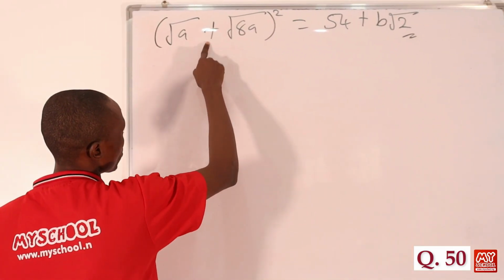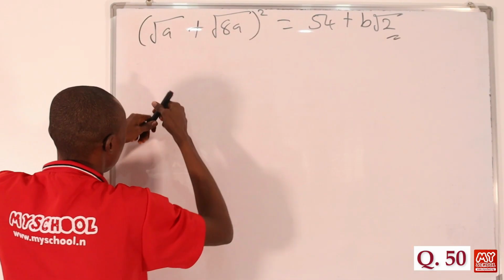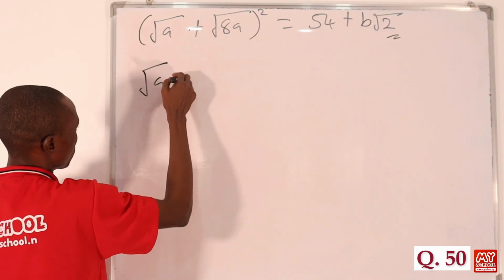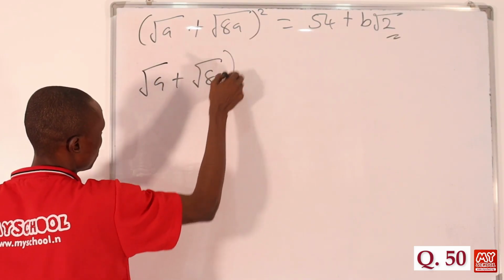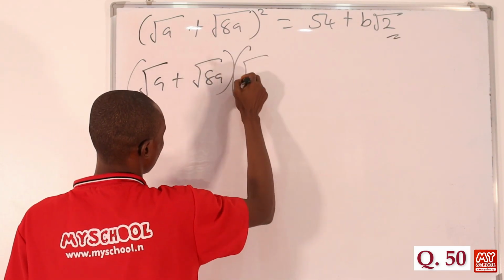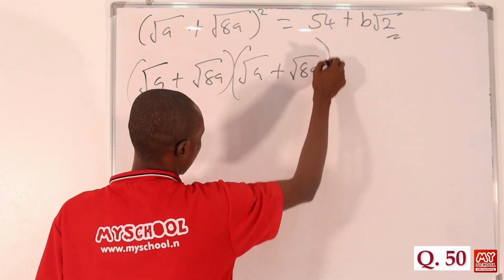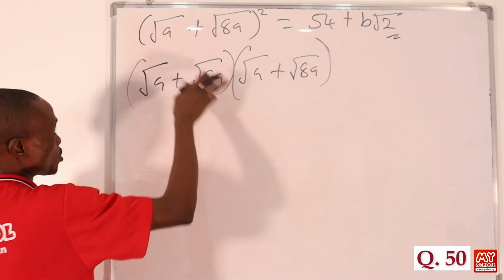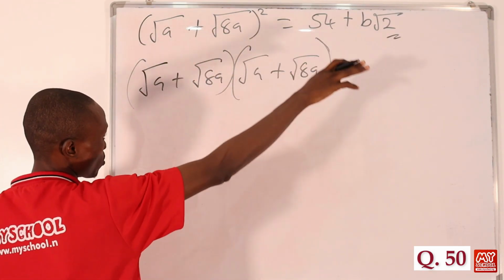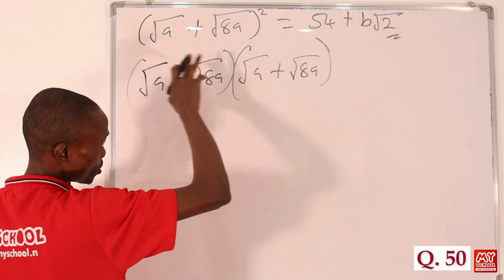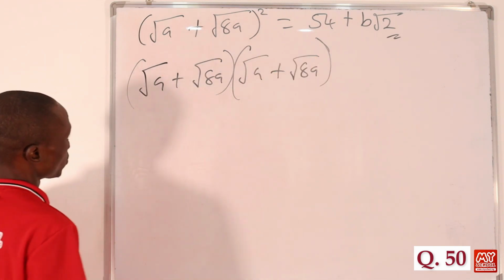So root a plus root 8a in bracket squared means root a plus root 8a in bracket, then root a plus root 8a in bracket. What we are going to do is just to expand this side, then we equate the corresponding sides.